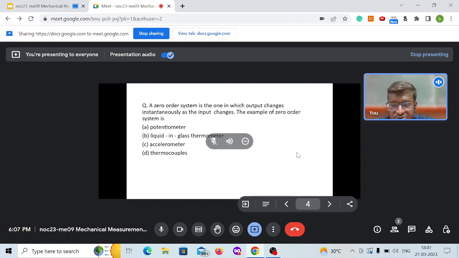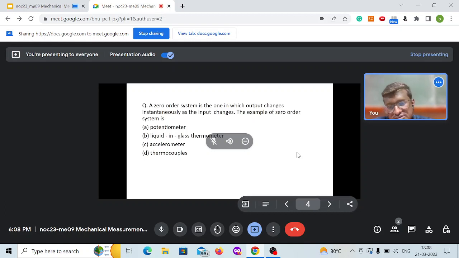And then the next question says a zero order system is the one in which output changes instantaneously as the input changes. It's asking for an example of a zero order system. The options are: A, potentiometer; B, liquid in glass thermometer; C, accelerometer; D, thermocouples. If you remember, a zero order system is Qo = KQi.